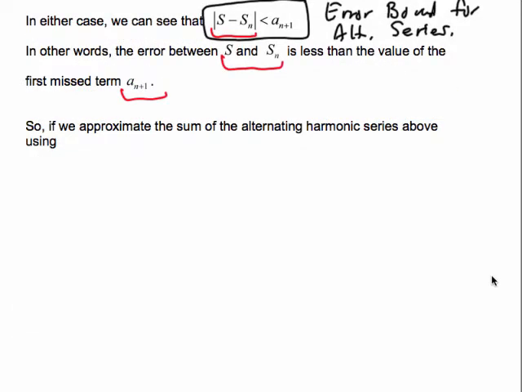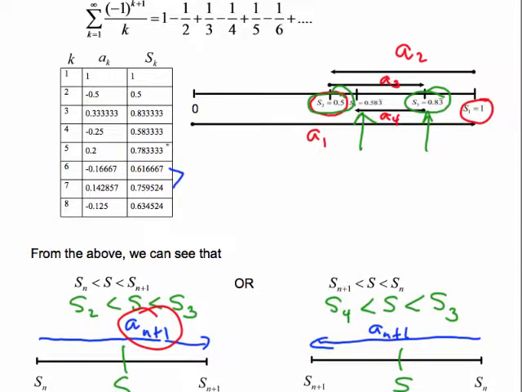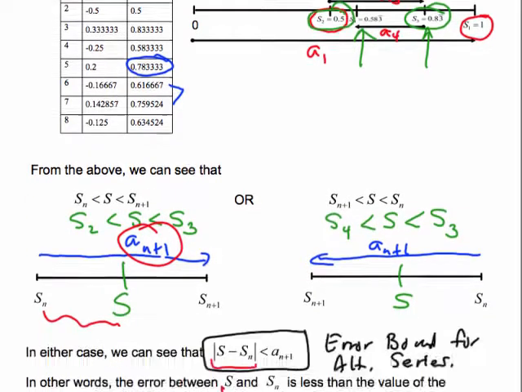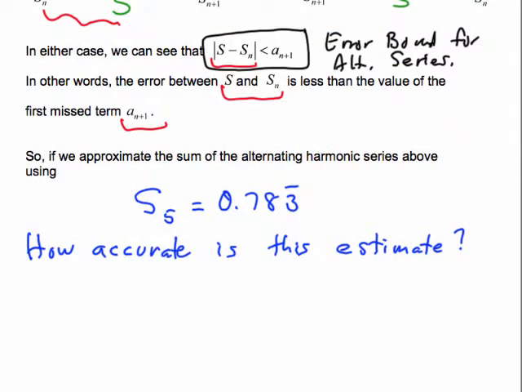Just to apply that directly to my example above, if I was going to estimate the sum of my harmonic series using 5 terms, I can see that S5 from my table above is this value, 0.783 repeating. How accurate is this estimate?